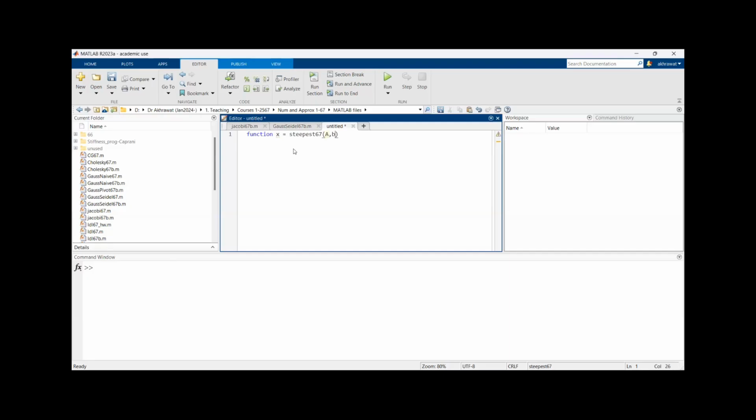I put A and B. Without any comments, I want to make my code short.